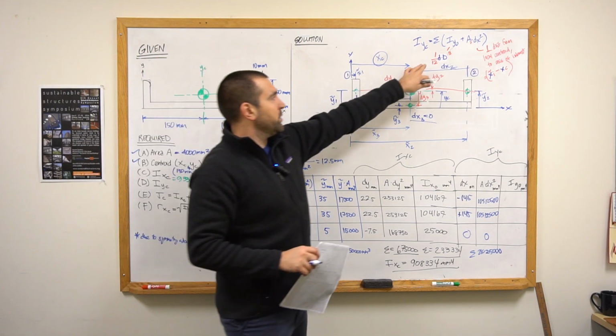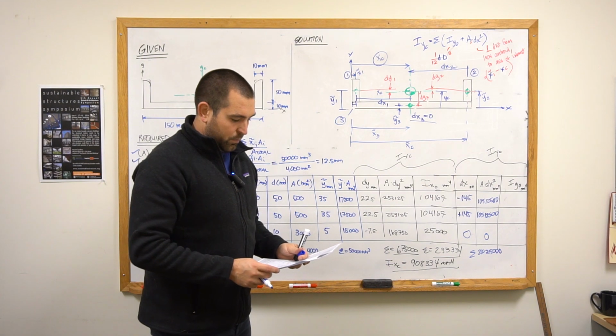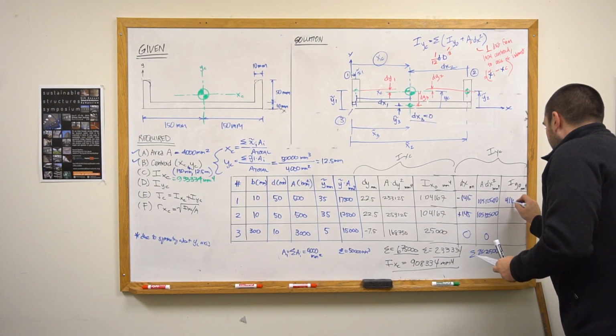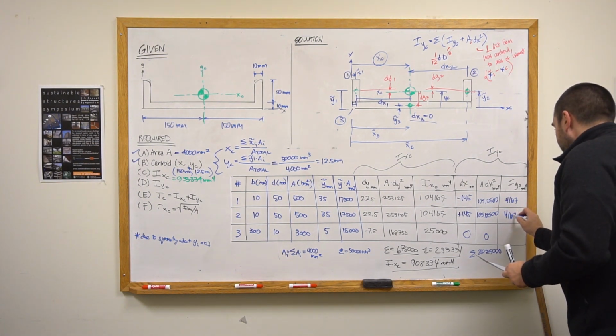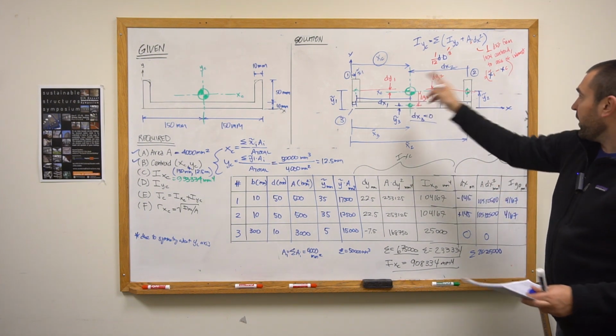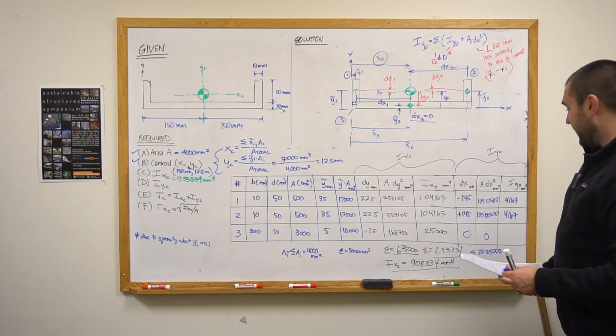So using this equation, 1/12 the depth times the width cubed, I get 4,167, and I get 4,167. You notice that almost all of the values for shapes 1 and shape 2 are nearly identical because of the symmetry and because of the same size.